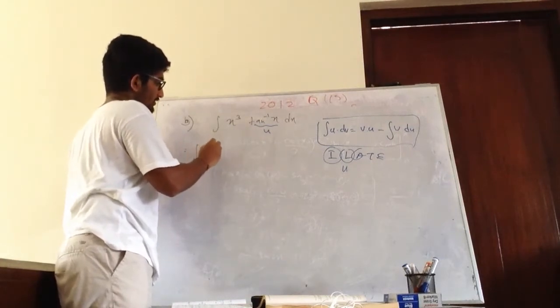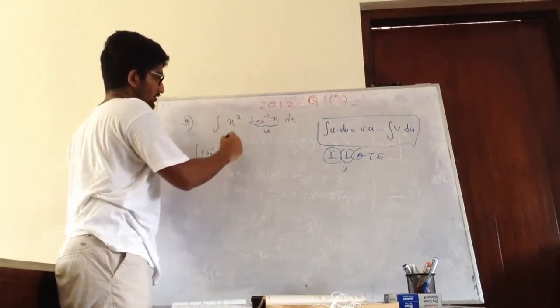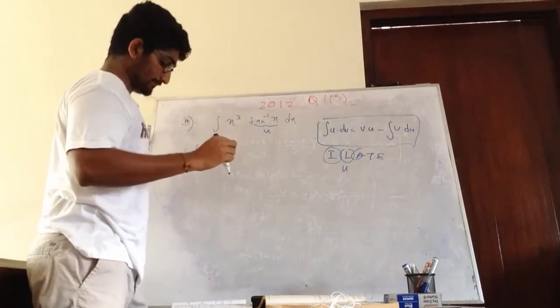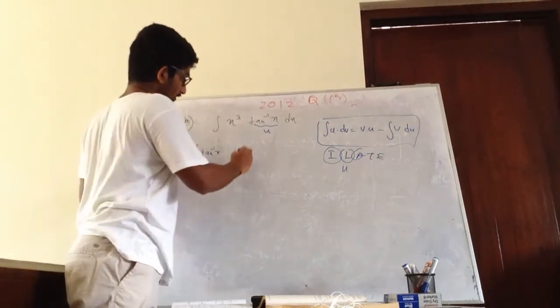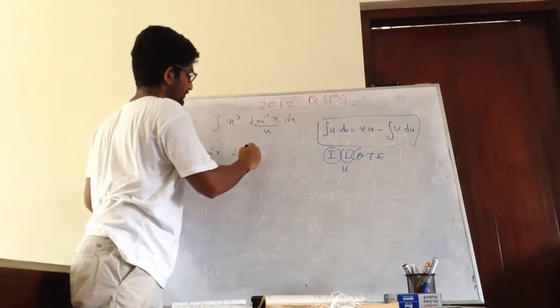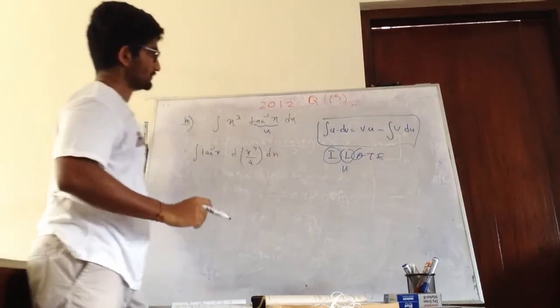So now let's see. For tan inverse x, what I'm going to do is, for me to get the v part, I need to integrate this. That means x³ dx.